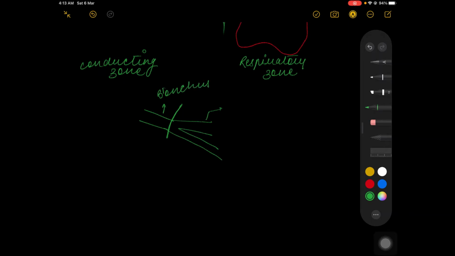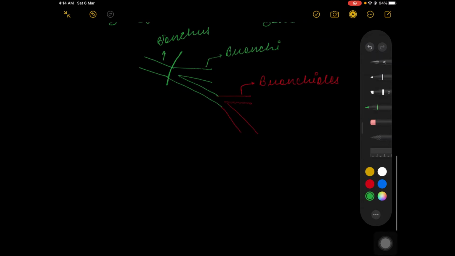Now these bronchi further divide into bronchioles. These bronchioles further divide into the terminal bronchioles.